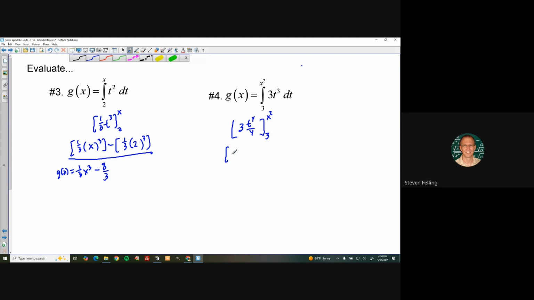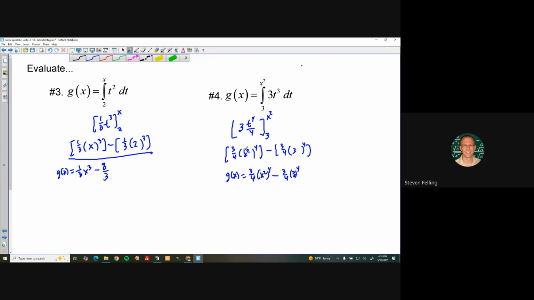So it's going to be a copy of 3/4 times something to the 4th minus another copy of 3/4 times something to the 4th. And we're going to plug in the x squared here, and we're going to plug in the 3 here. So this g of x function would be 3/4 times x squared to the 4th, minus 3/4 times 3 to the 4th. Okay, so this is the accumulation function for that.